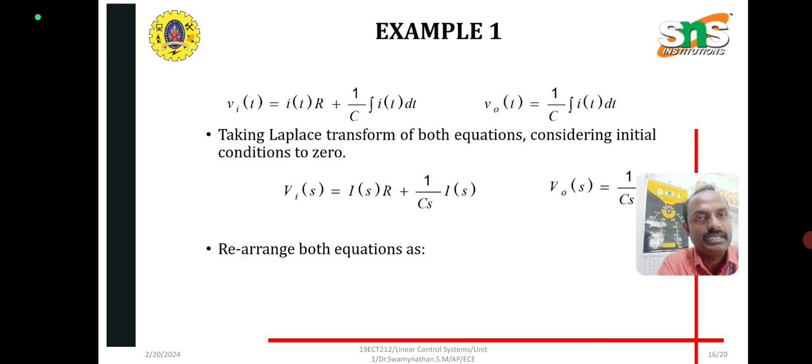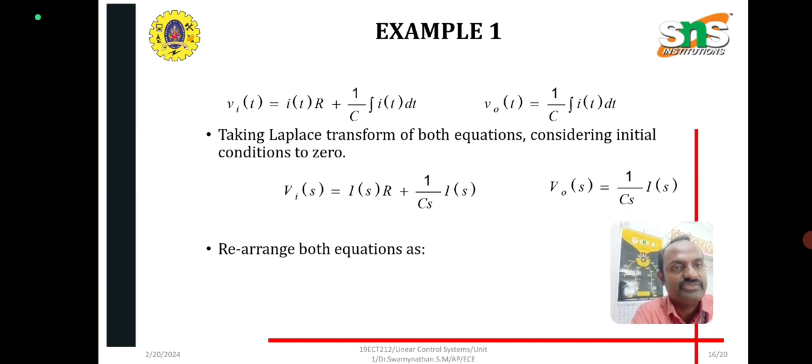Converting the time domain into the s domain by substituting the Laplace transform, Vi of s is equal to I of s into R plus 1 by Cs, and V naught of s is equal to 1 by Cs into I of s.